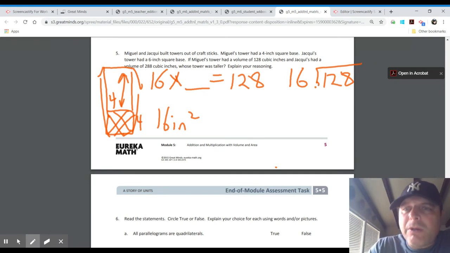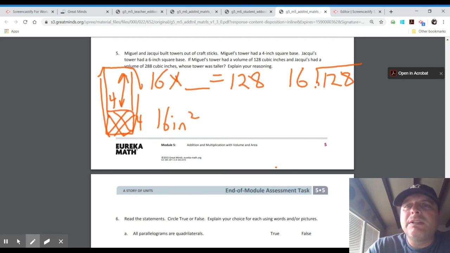Okay. So let's see. Let's say that 16 is close to 20. So we'll do 20 times 5, which I know is 100. 20 times 6. Let's try 20 times 7 or 20 times 8.